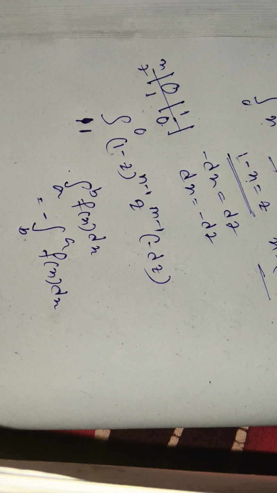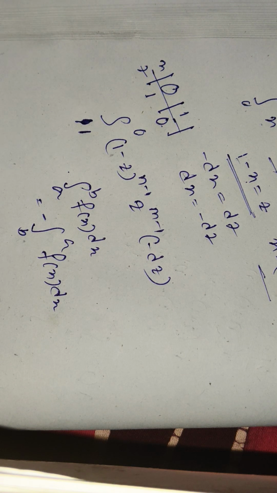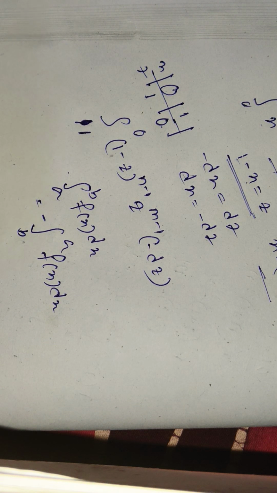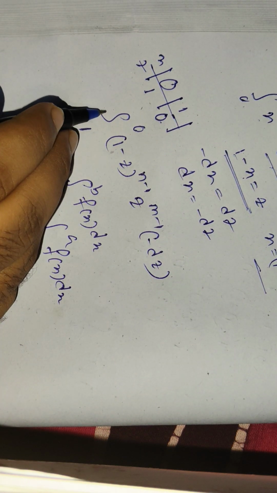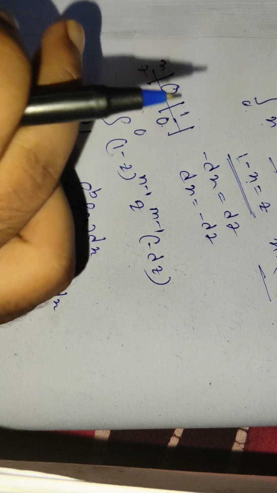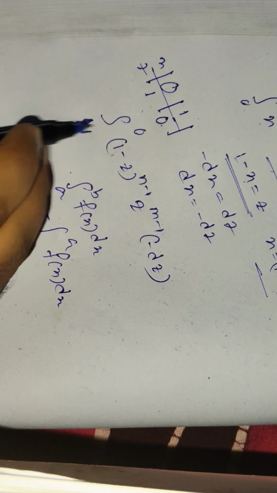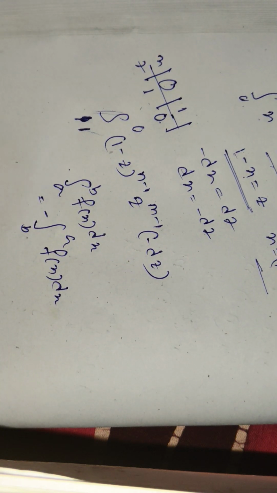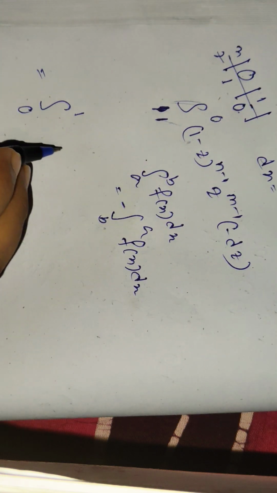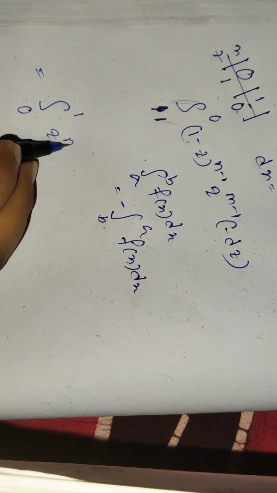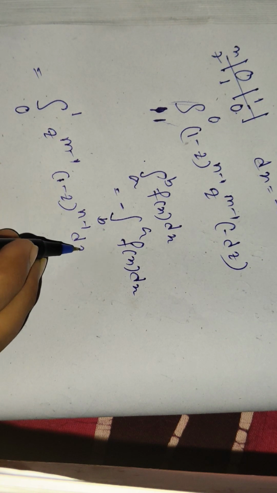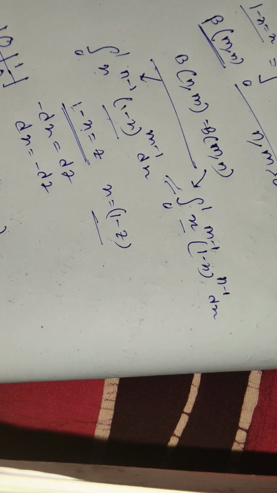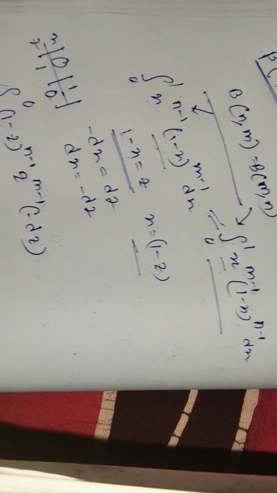This is the basic rule of definite integrals. So we are taking the minus symbol out of the integration, then we reverse the limits. So it becomes integral from 0 to 1 of z to the power m minus 1 into (1 minus z) to the power n minus 1 dz. Now it is looking very similar to that. Just you have to replace z with x.